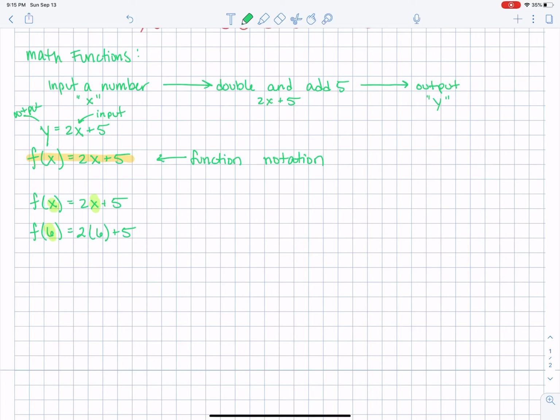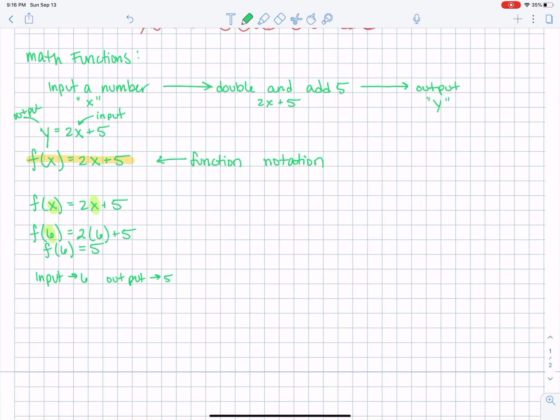So how we actually write this is f of 6 is equal to 17, meaning that when my input is 6, my output is going to be 17. This notation shows you your input and output.